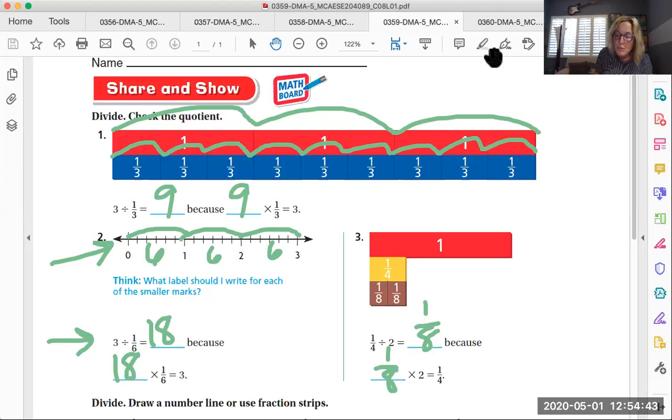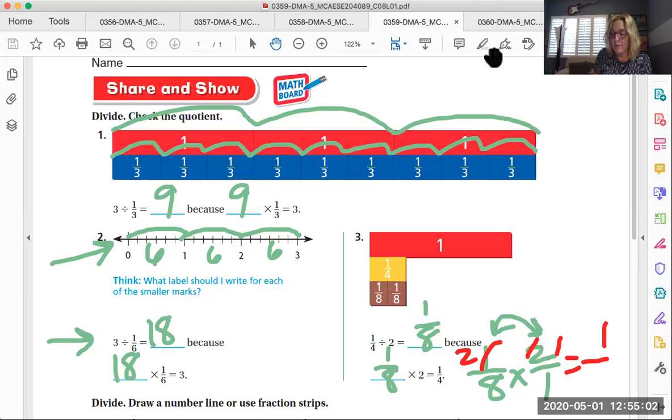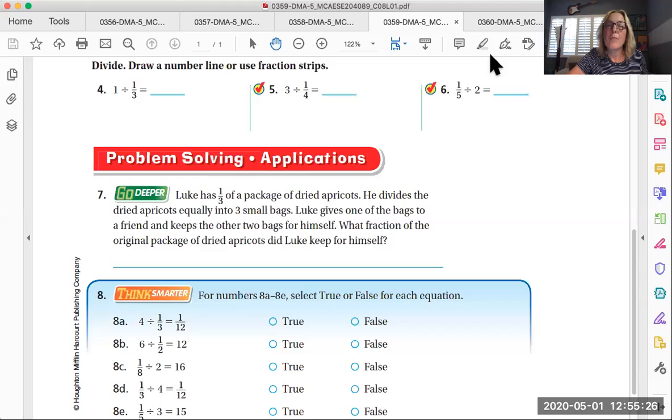Now, if you don't see that, you could also think about this as 1/8 times 2 in fraction form, and then you could swap the numerators or the denominators, and then this would be a 2 and this would be 1. We have 2/8, which is equivalent to 1/4. So you can think of it many different ways.